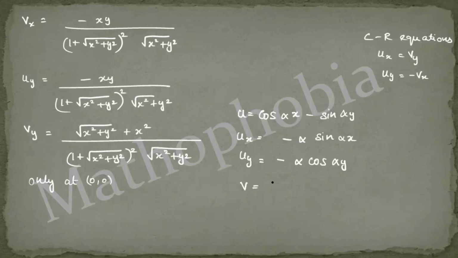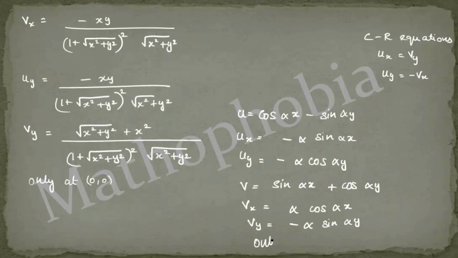And v oda value என்ன? sin alpha x plus cos alpha y. So vx oda value will be equal to alpha cos alpha x and vy oda value will be equal to minus alpha sin alpha y. So இந்த equations compare பண்ணி பார்த்தா இது எப்போ CR equation satisfy பண்ணும்? Only at alpha x is equal to alpha y plus 2n pi.